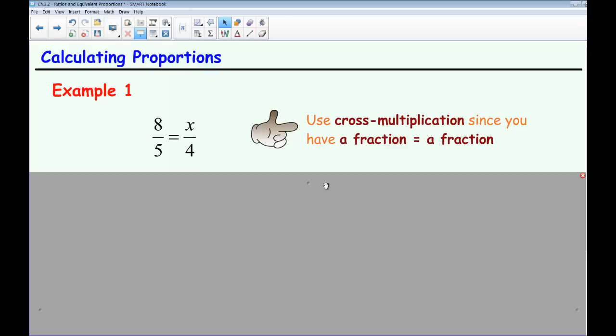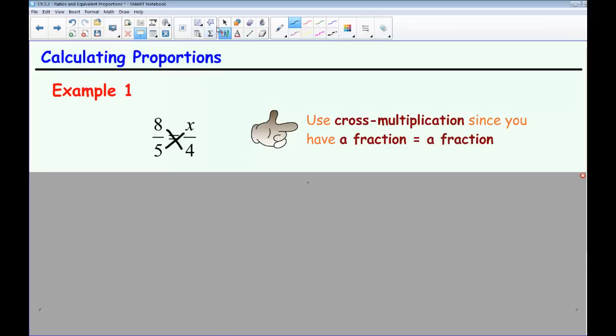So what does this mean? In cross multiplication, you take the denominator here and multiply it to the numerator of the other fraction. You take the numerator here and multiply it to the denominator of the other fraction.